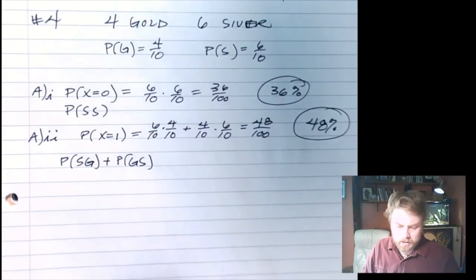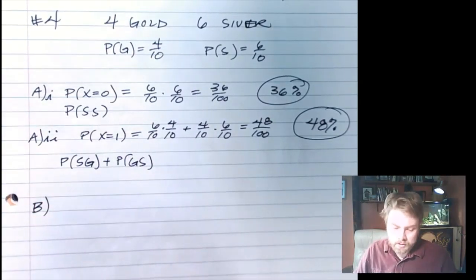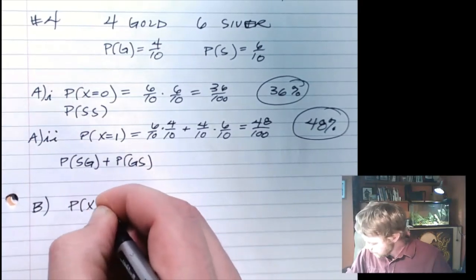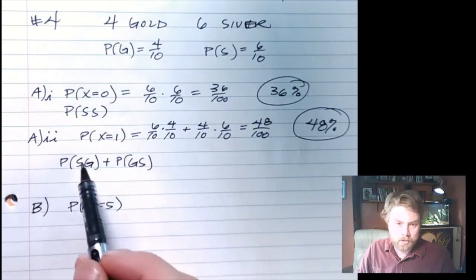And part B says that we get exactly 5. Probability x equals 5. And now it's too much trouble to write out.